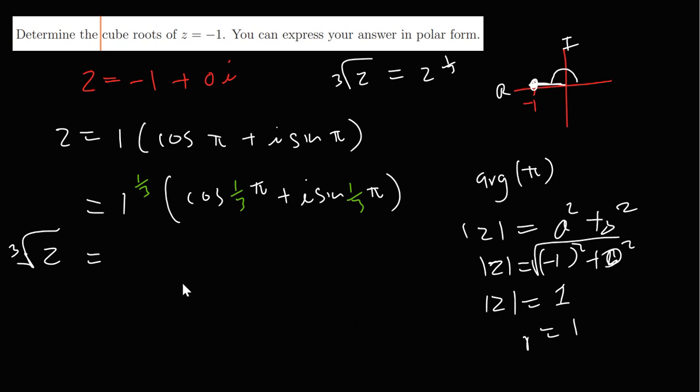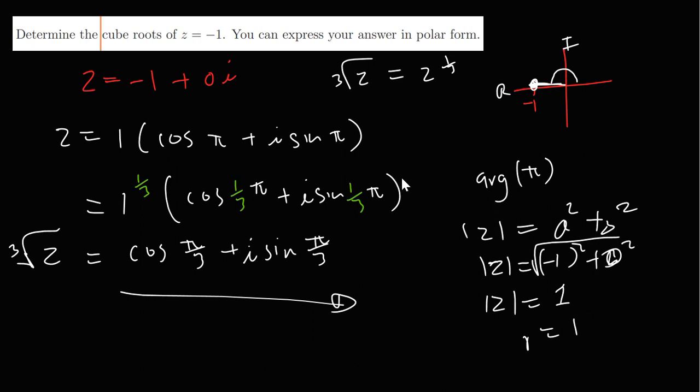We know that we can raise 1 to anything, it's just going to remain as 1, so we're just going to put 1 here. We're going to remain with cos pi over 3 plus i sine pi over 3.